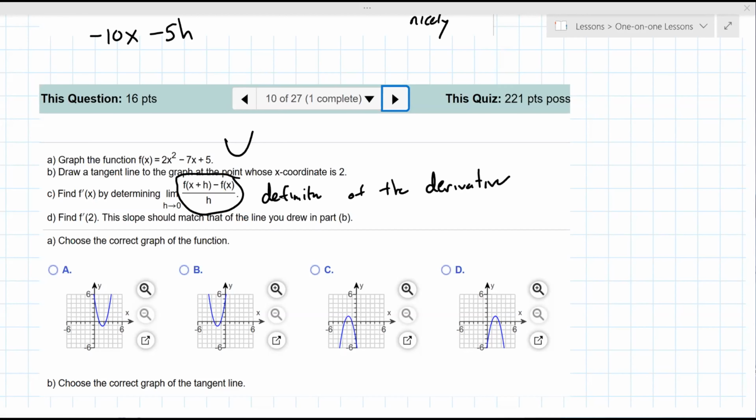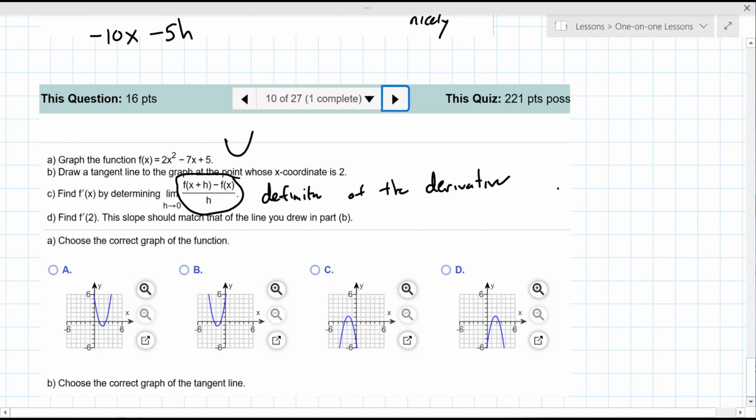Well, would this just be similar to the last one? It would just be the 2x plus h squared minus 7x plus h plus 5, and then minus the 2x squared minus 7x plus 5.